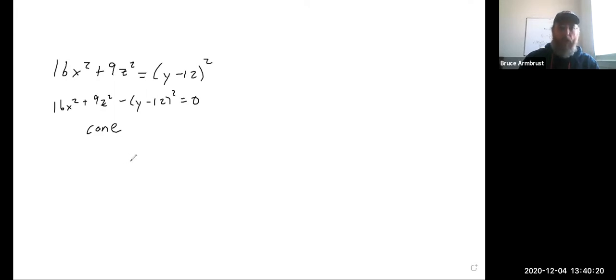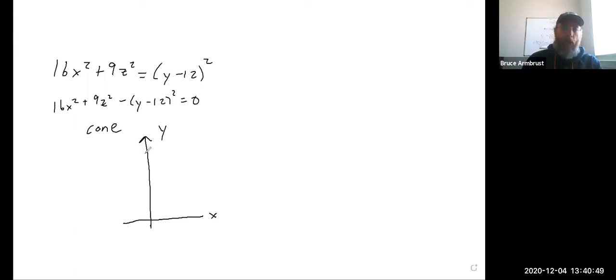In terms of what it looks like, let this be the y-axis, and so the xz plane is down here. I'll just do this as the x-axis. So we're going to see a cross section of it.